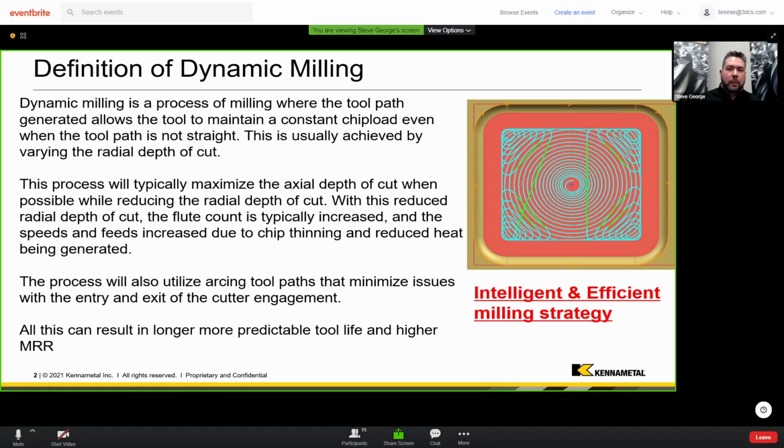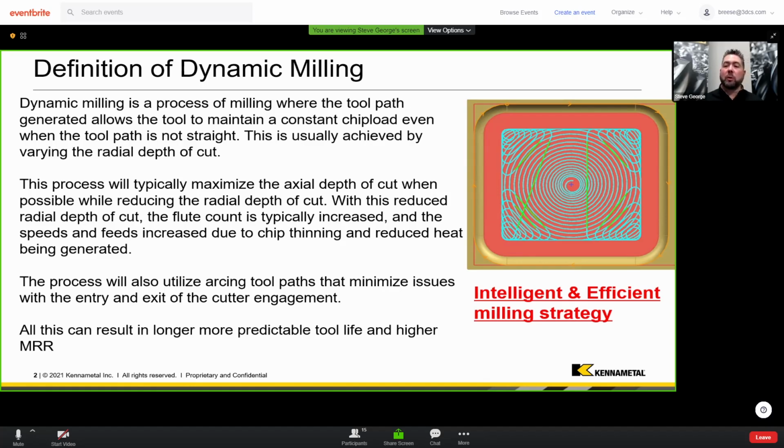Now, the reason that I'm going to talk about both, and toward the end, as mentioned earlier, I work for Kennametal. I will talk about some Kennametal tools as part of this to use as examples. So I'm not in sales. I've never been in sales. This isn't a Kennametal commercial.